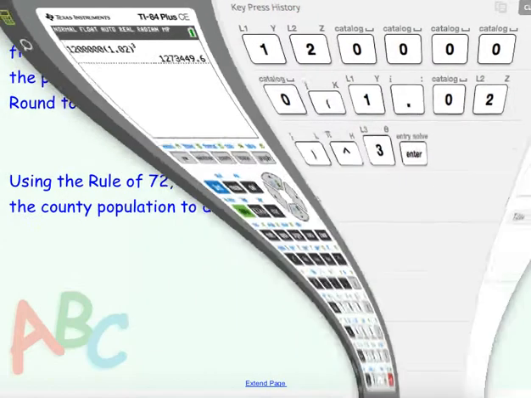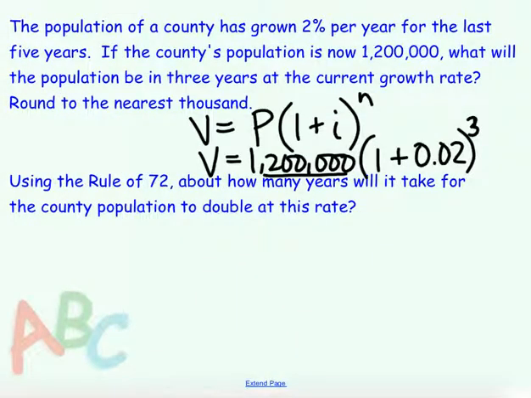Now, our next question here says, using the rule of 72, about how many years will it take for the country's population to double? Well, the rule of 72 says if I take 72 and divide it by my interest rate, I can figure out how many years it will take to double the amount that I initially started with.